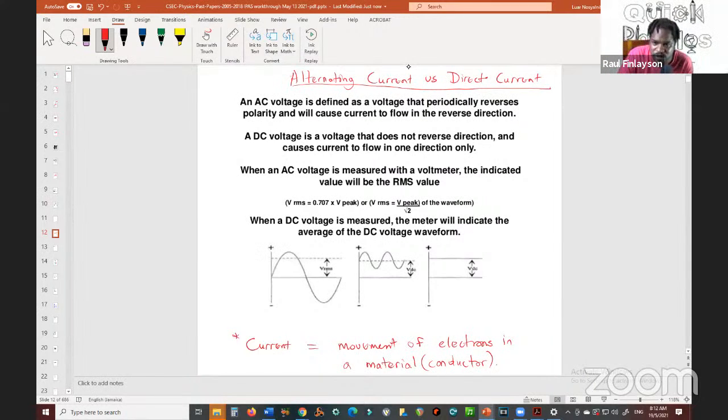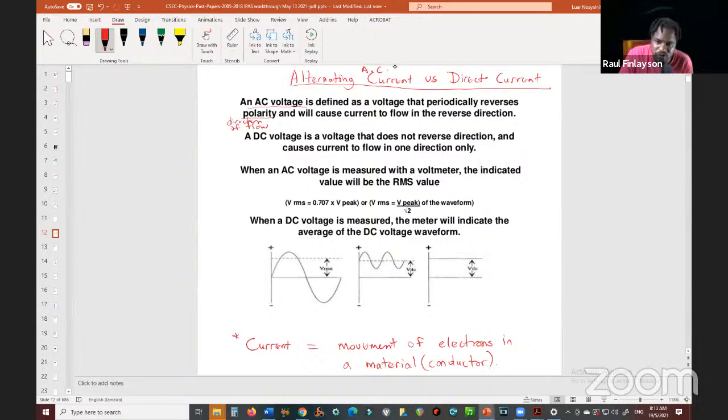AC voltage is defined as voltage that periodically reverses polarity. Polarity means direction of flow, really, and will cause current to flow in the reverse direction. So reverse the polarity.